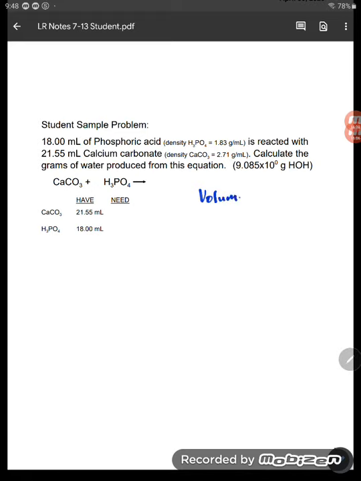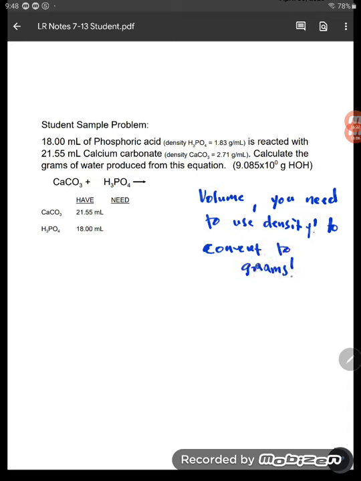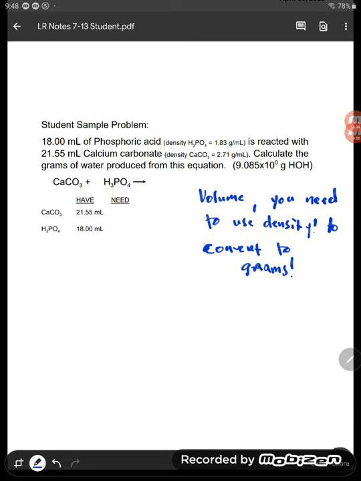And so when you start in volume, you need to use density to convert to grams. So that's just a reminder. Let me know if you have any questions. Reach out to your specific teacher with any questions.